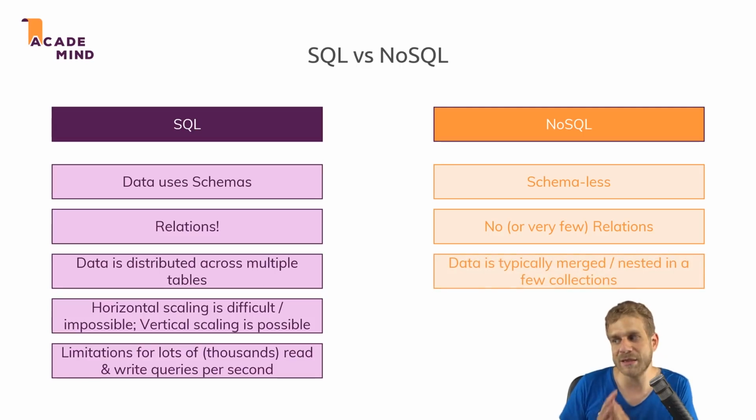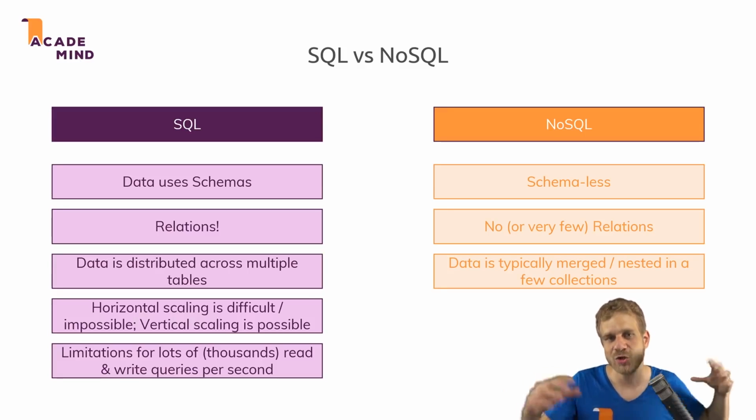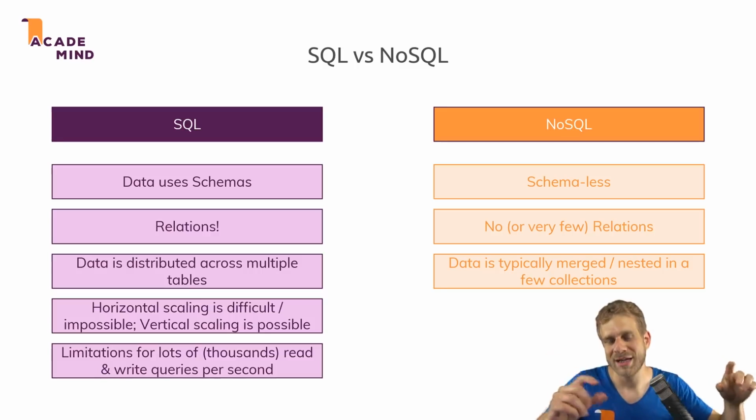Now, data is typically merged or nested in a few collections, and with that I don't mean that you don't have many collections. I really just want to emphasize that you typically want to keep all the data in a collection that you query a lot. If you got an orders page, you want to put all the data in that orders collection which you need on the orders page, so that you don't have to reach out to the products collection just to display orders.